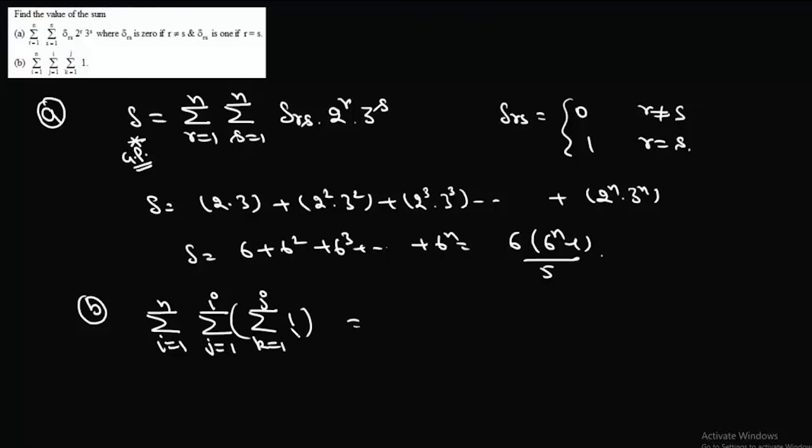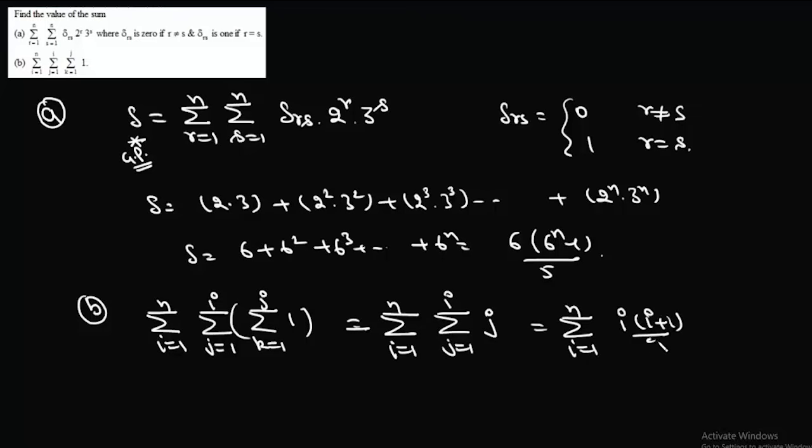Now this is 1 plus 1 plus 1, j times, so it will be summation i varies from 1 to n, and this is summation j varies from 1 to i, and this is j. Now summation j is i into i plus 1 by 2, so we can write this as summation i varies from 1 to n, i into i plus 1 by 2, or this is summation i square plus summation i, divided by 2.